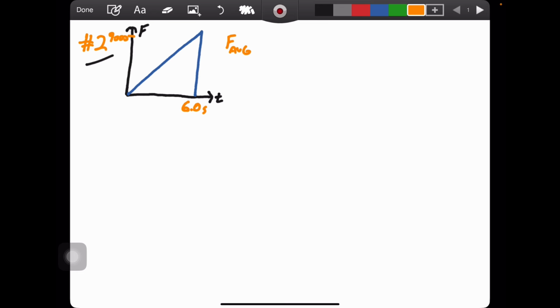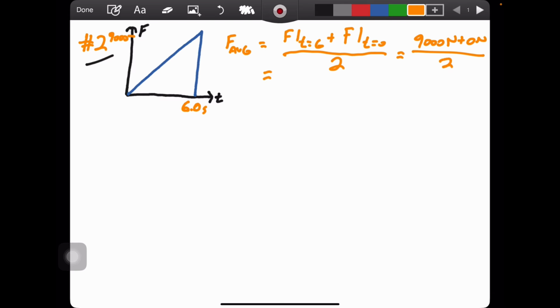You can think of this average force as equal to the force when t equals 6 plus the force when t equals 0, divided by 2, which would be 9,000 newtons plus 0 newtons divided by 2. So you can think of this average force as 4,500 newtons.